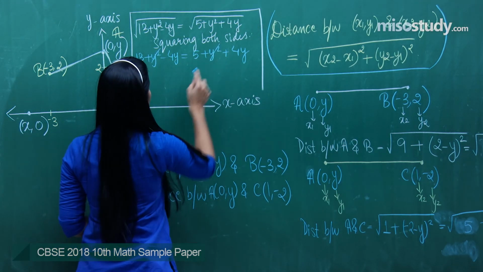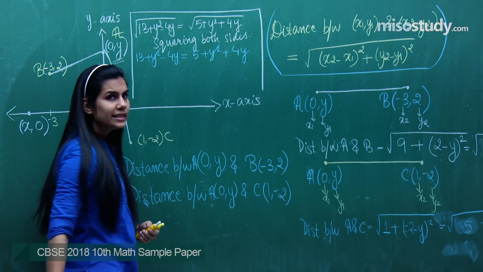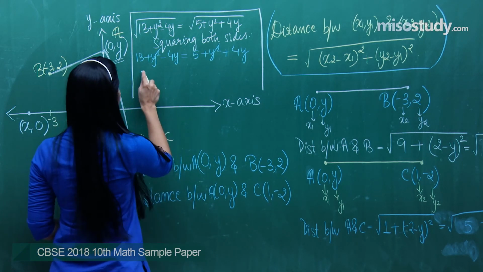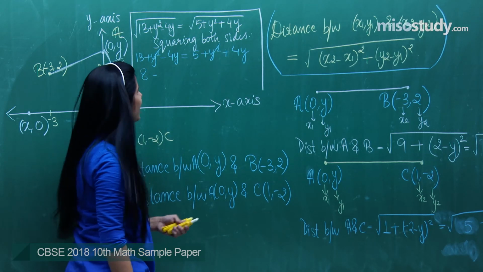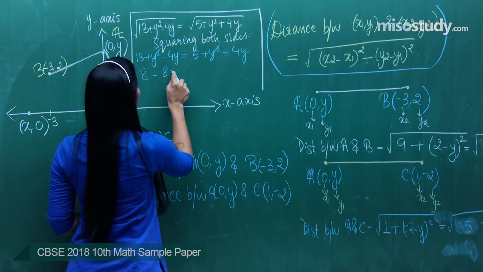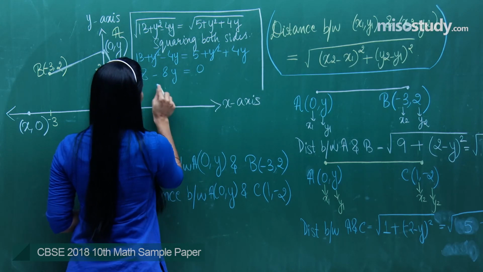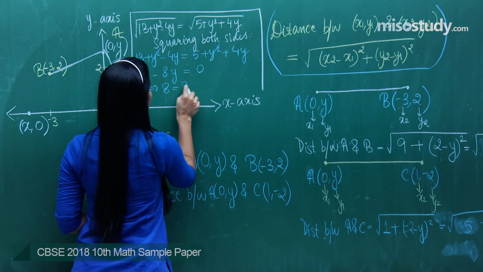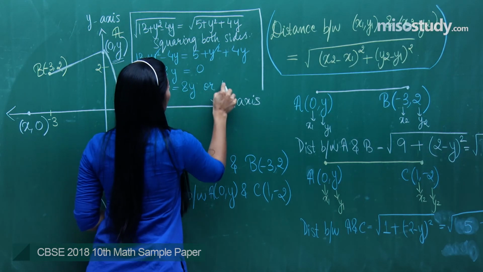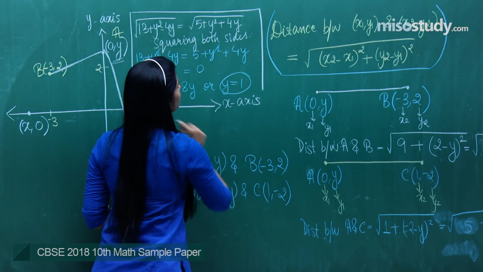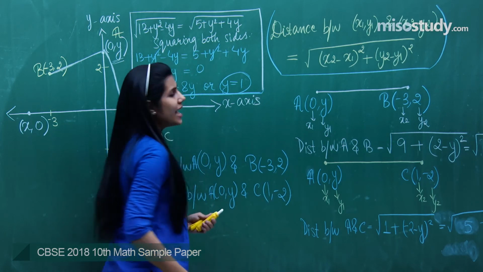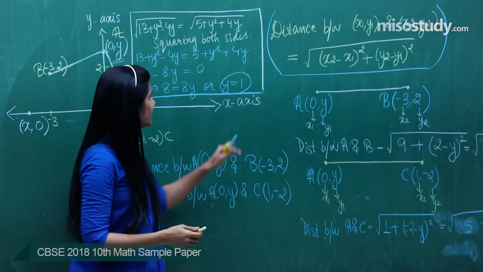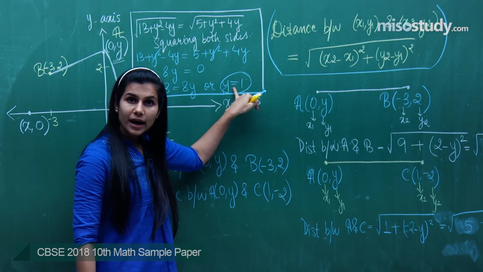This gets cancelled. You get 13 minus 5, which is 8, equal to y square minus y square, and 4y plus 4y, which gives you 8y, which implies what? 8 is equal to 8y, or y is equal to 1. And so you have got that your y should be 1.